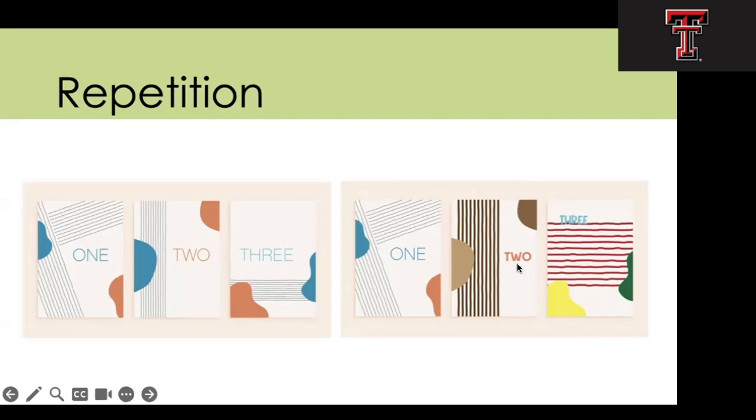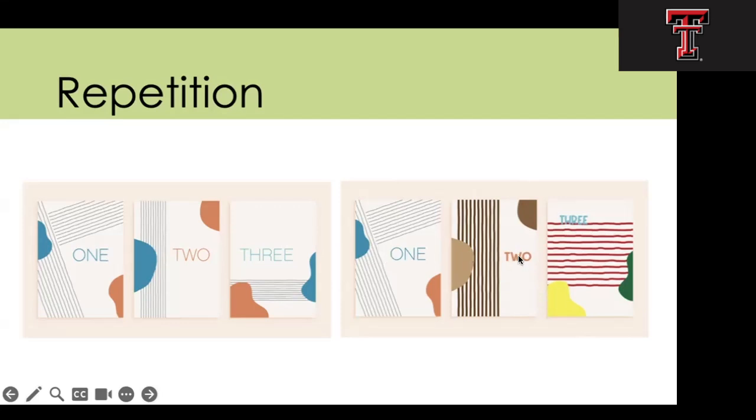Over on the right-hand side, we have, of course, one of the first posters from over here. And then these are also using the words, and they're using lines, and they're using the organic shapes, but they have dropped the color. The color is different on each one of the pages. The lines are thicker, or they're wavy, or it's just totally different. They don't use the same font.